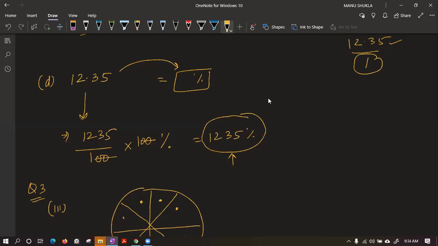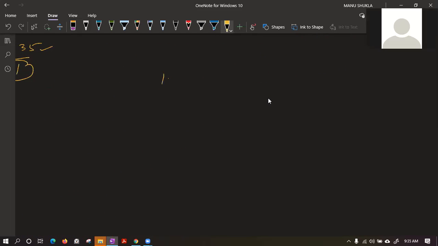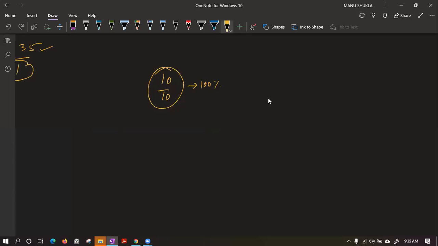Why did we get this much bigger percentage? It is very simple. If you have marks 10 out of 10, how much percentage have you got? Class, if you have marks 10 out of 10, you have got 100% marks.